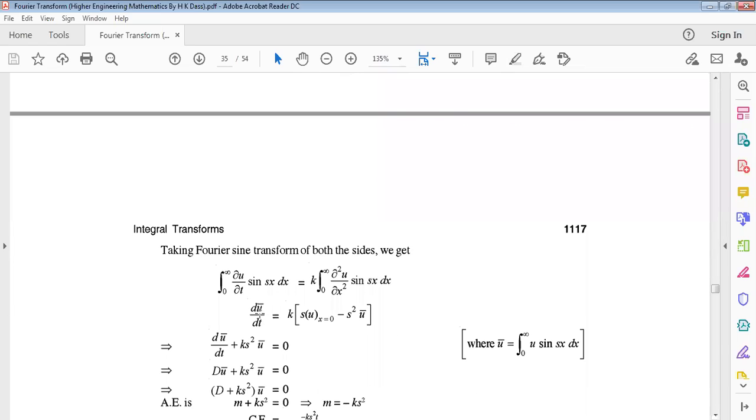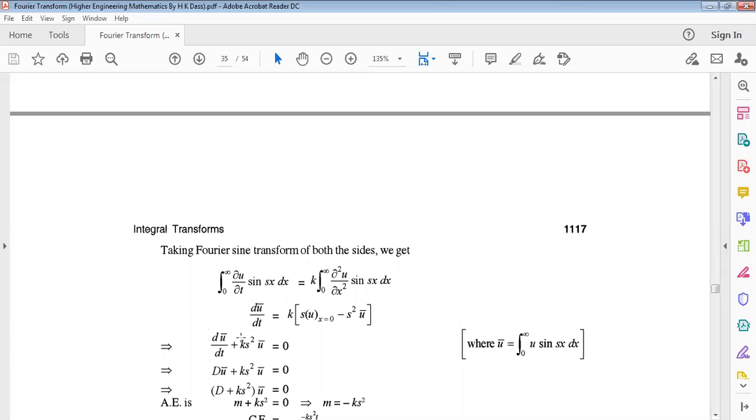Now du/dt is the total derivative. The total derivative of u bar equals k into [s u at x equals 0 minus s² u bar], where u bar is the Fourier sine transform of u.